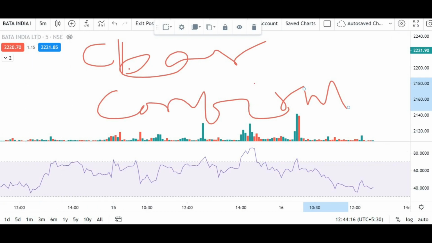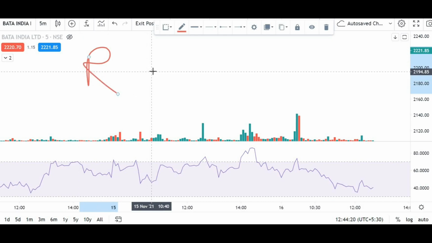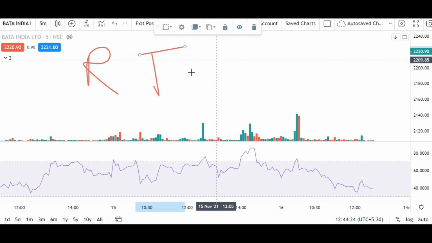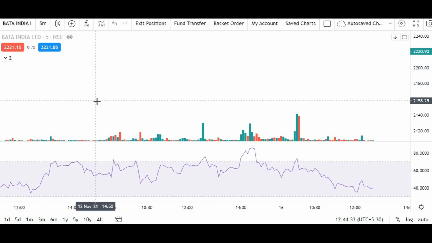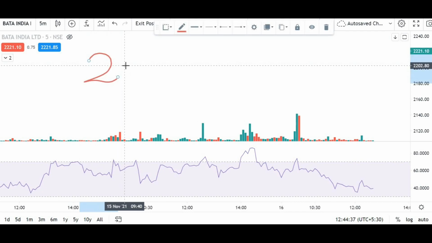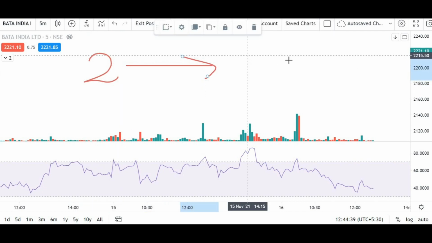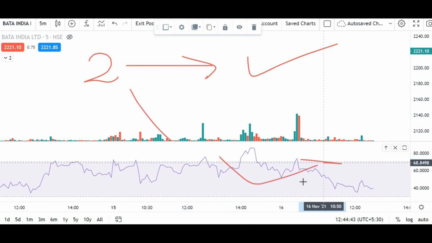We are using indicators to find reversals, find a trending market, and find a sideways or range-bound market. These things we can find with the help of indicators. Then how many types of indicators are there? There are two types. One we can apply directly on the chart, another we can apply below the chart.